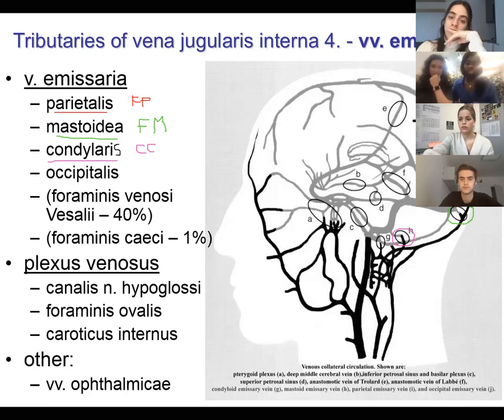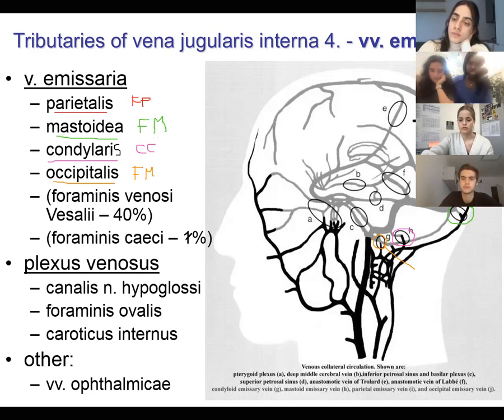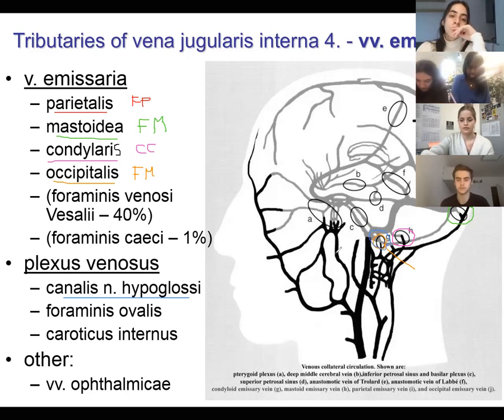Then the occipital one is here, and it goes through foramen magnum, between the marginal sinus and suboccipital venous plexus. Close to this is the plexus of the hypoglossal canal.